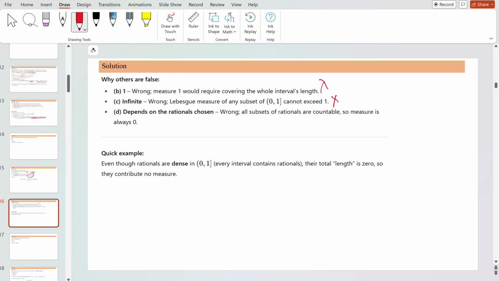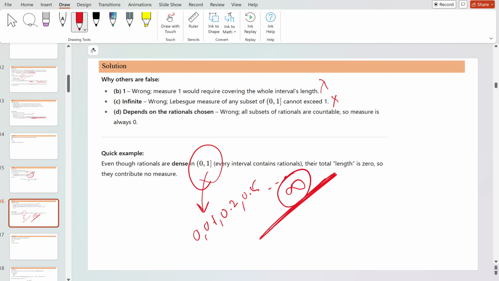Depending upon the rationals chosen is also wrong, because every subset of the rationals is countable and also has measure zero. Even though rationals are dense between 0 and 1, since there are infinitely many rational numbers like 0, 0.1, 0.2, 0.5, their total length is actually 0, so they contribute no measure.